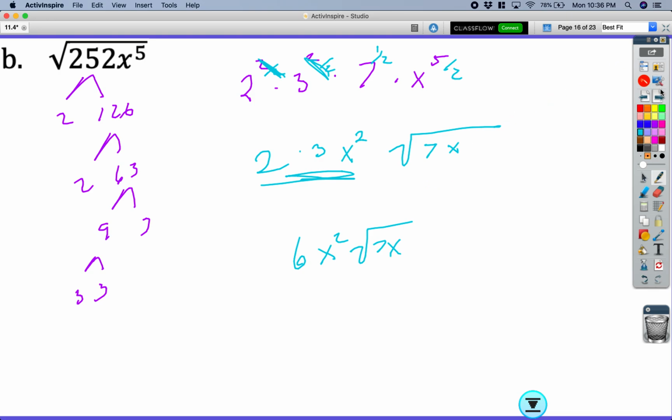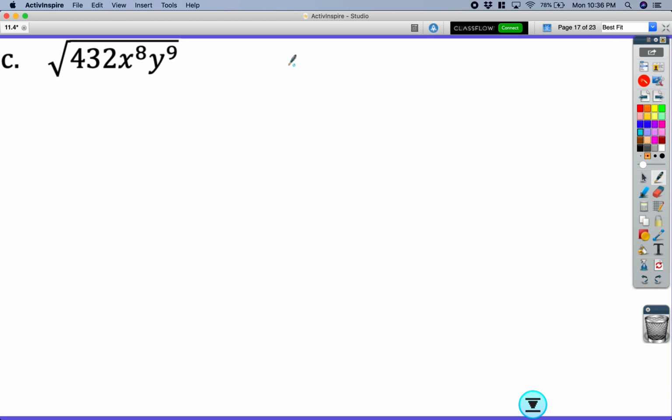Okay. So let's go and do letter C. So 432, and this is still to the second power. So let's go ahead and look at this. We got 2 times 216, 2 times 108, 2 and 54.